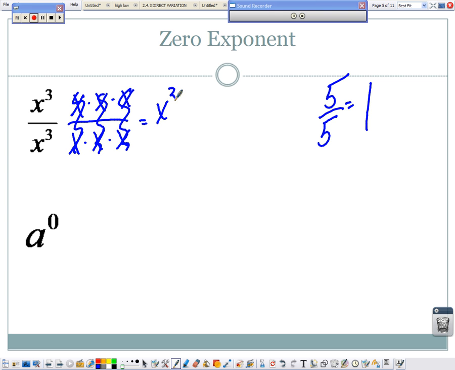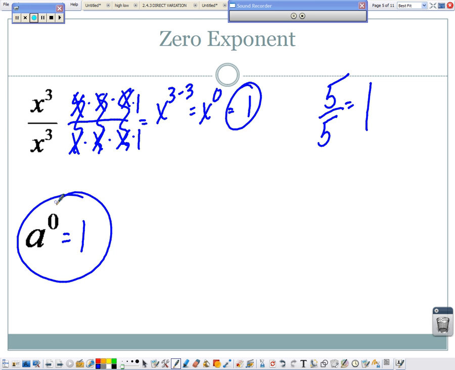If I subtracted my exponents, I ended up with x to the 0. Well, when everything cancels out, there's still an invisible 1 here that we can multiply it by. So anything to the 0 power is just going to be 1. Anytime you have something to the 0 power, it's just going to be 1.